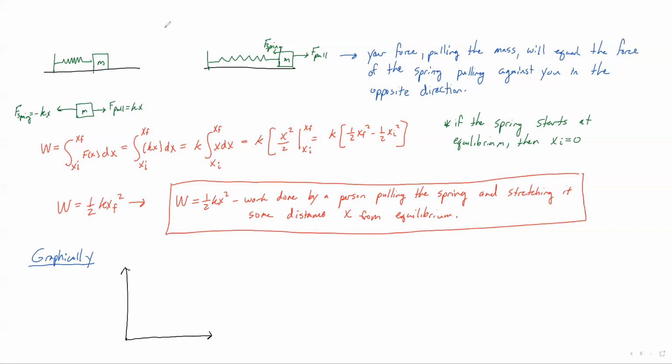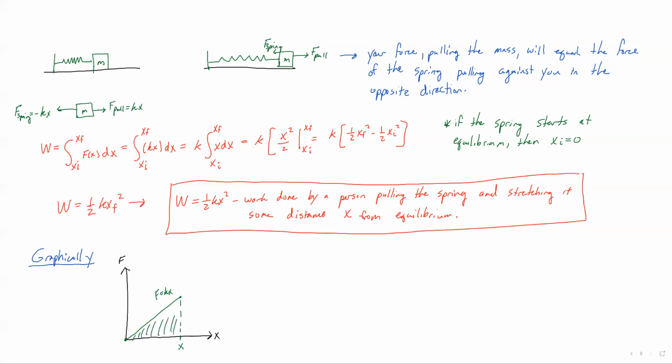So we'll start at rest, at equilibrium, and we'll go to here, and this value will occur at x. And this here is f equals kx, right? And again, this is my f, and this is my x. Well, what do I know? I know the work is the area under the curve, right?